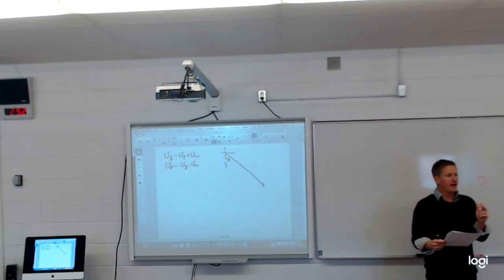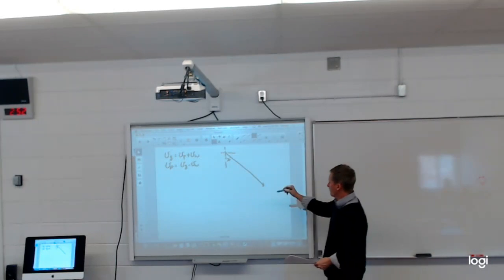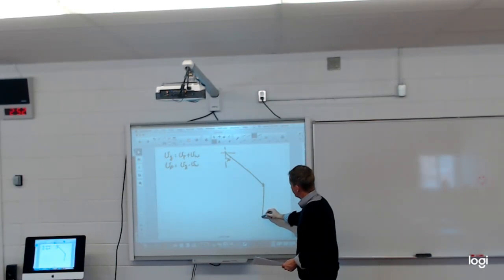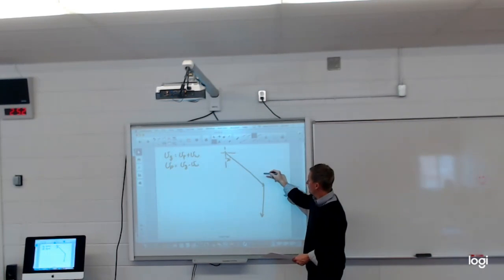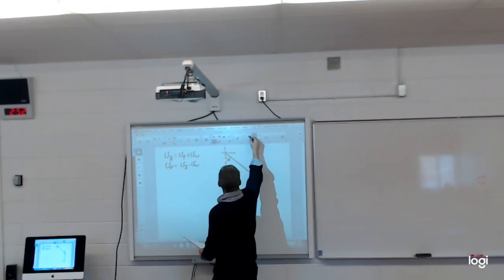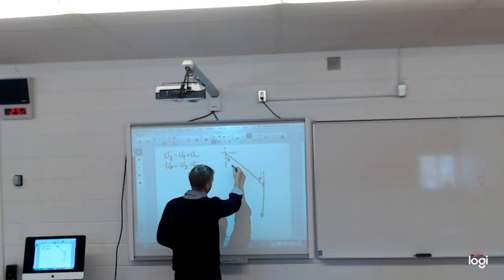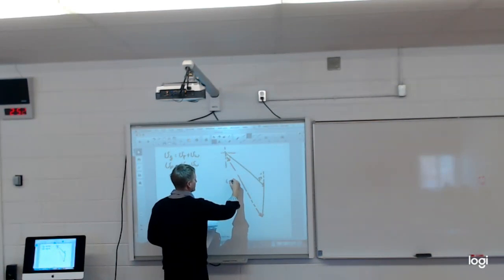Now, what's the negative of the north wind? So I'm going to go down this way, right? So I'm just going to mark this in here and make that 20 degrees right there, okay? So what I'm trying to find is that right there, which is the velocity of my plane.